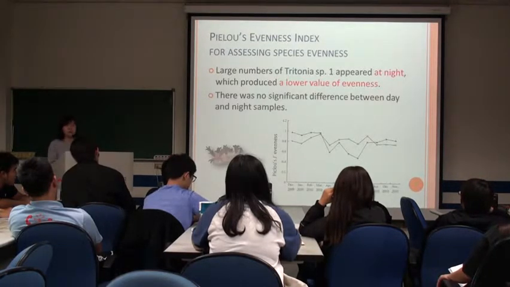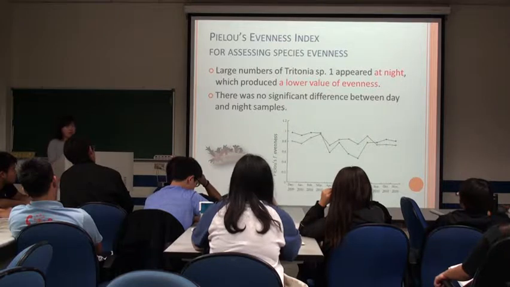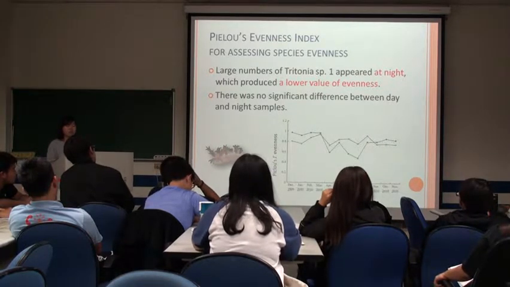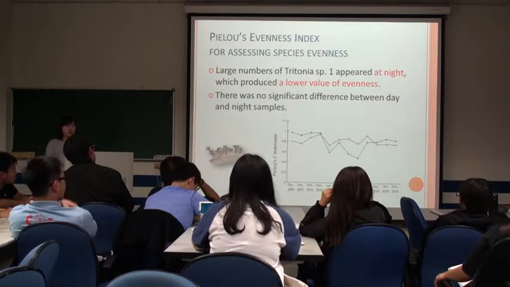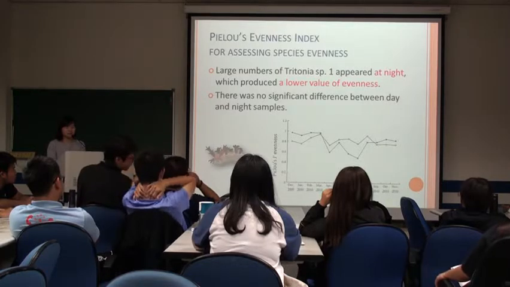And why did we get this result? Because the large number of Tritonia species 1 appearing at night produced a lower value of evenness, and there was no significant difference between the day and the night samples.